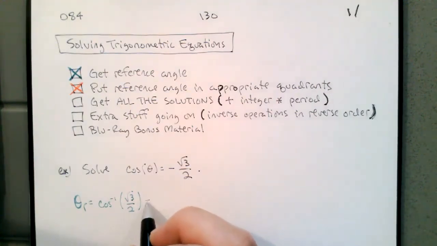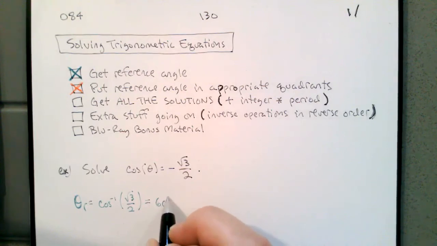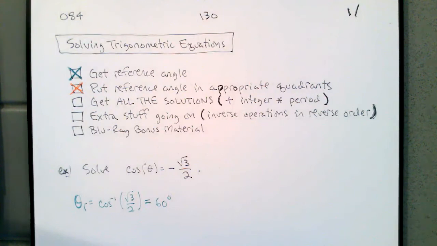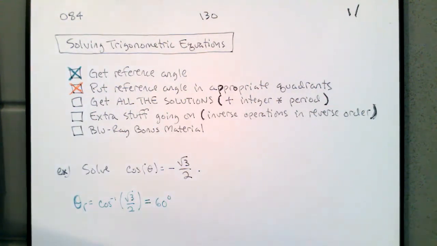So we know that our reference angle is 60 degrees, or pi over 3 radians. No, cosine of 60 is a half. No, sine of 60 is a half. Cosine of 60 is root 3.